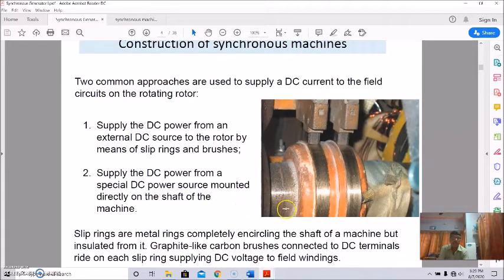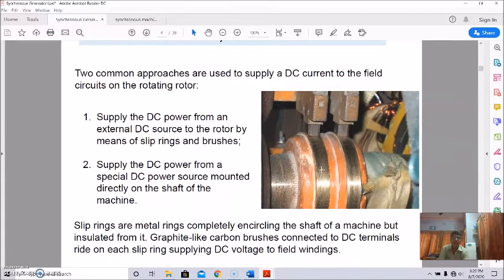Slip rings are metal rings completely encircling the shaft of the machine, but insulated from it. And graphite-like carbon brushes connected to the DC terminals ride on each slip ring, supplying DC voltage to the field windings.